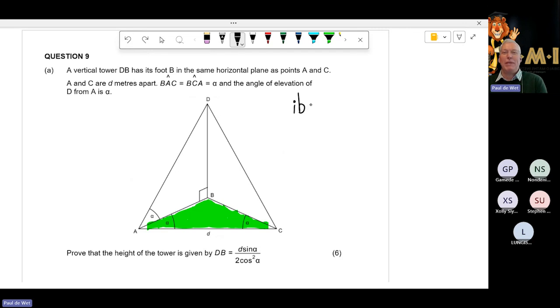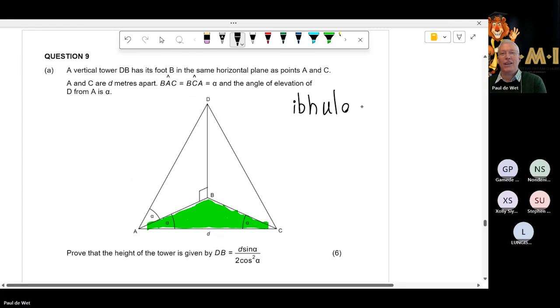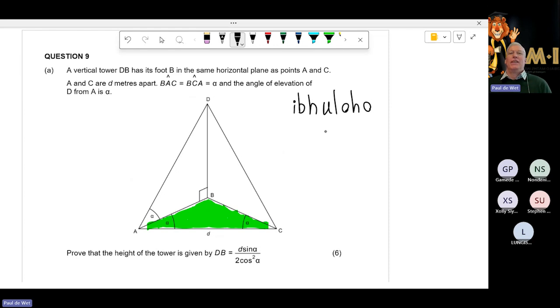Ibuloko. Okay, there we go. Ibuloko. And it's a bridge.